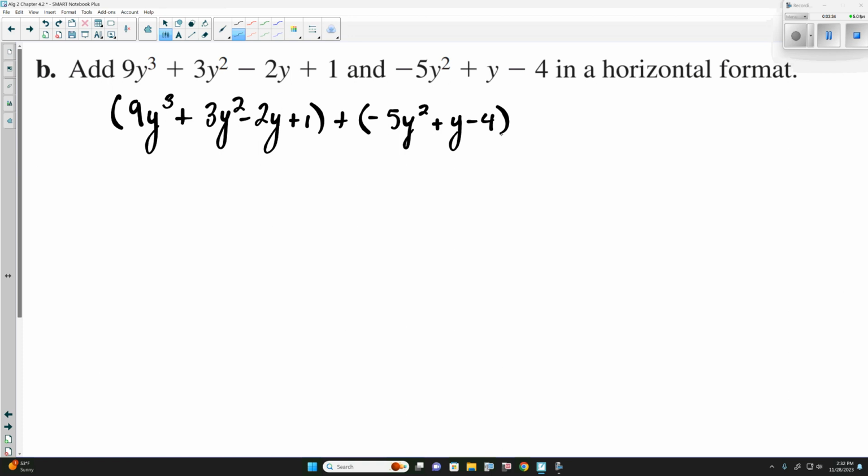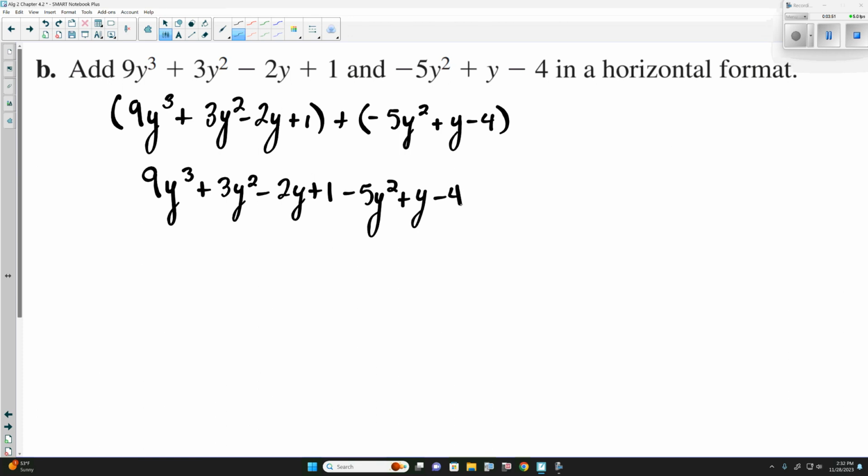Now since there's not a sign in front of the first set of parentheses, we can just drop the parentheses. And since we're adding, the signs for the second one stay the same. So it'll still be negative 5y squared, positive y, and negative 4.